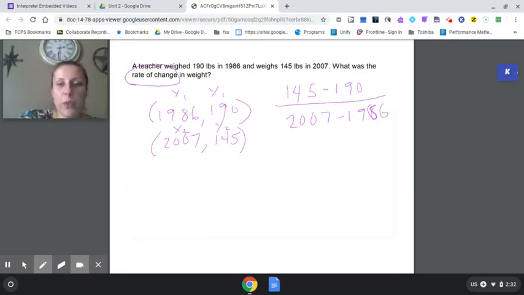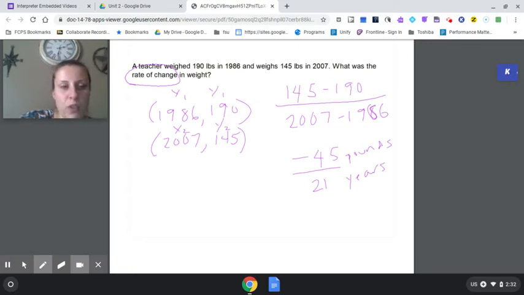All right, 145 minus 190 gives me negative 45. And 2007 minus 1986, that gives me 21. So this teacher decreased 45 pounds in 21 years.